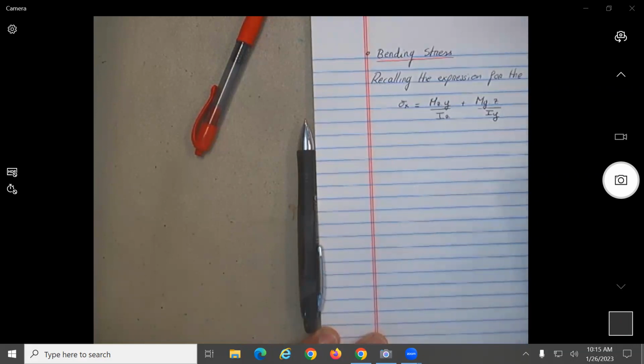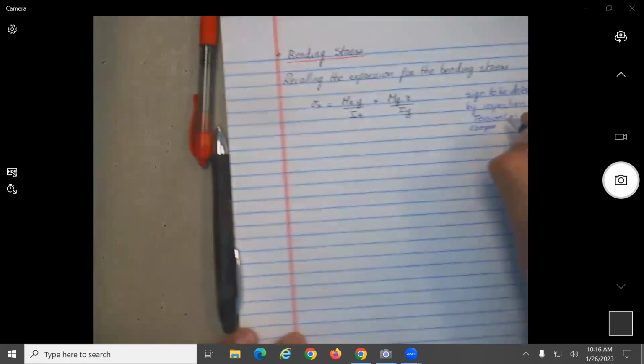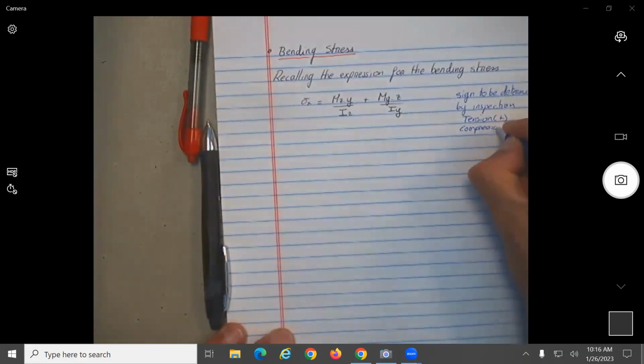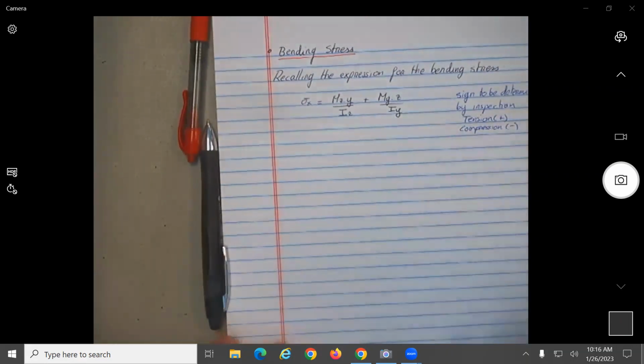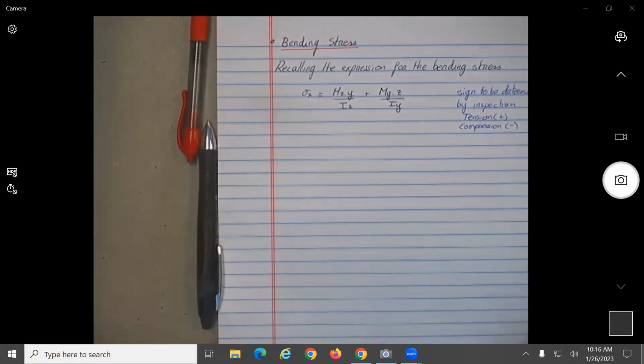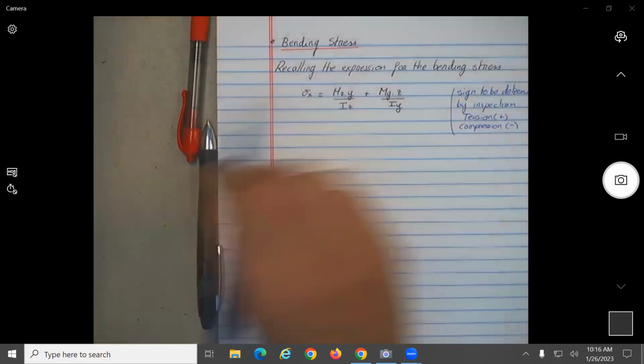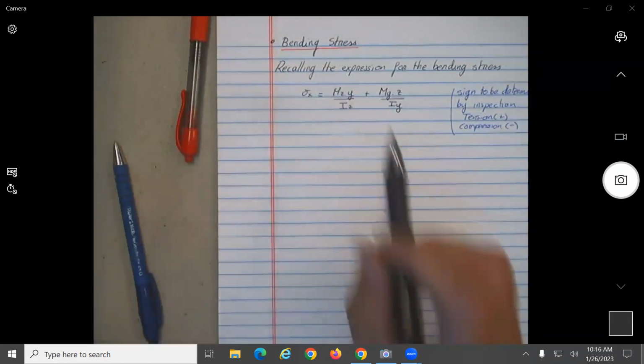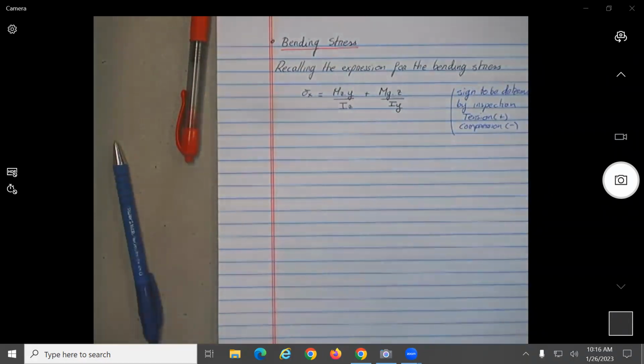If it is in tension, it is positive. If it is in compression, it will be negative, no? Okay, so because of that, the first one should be negative, but that's what we see over here.